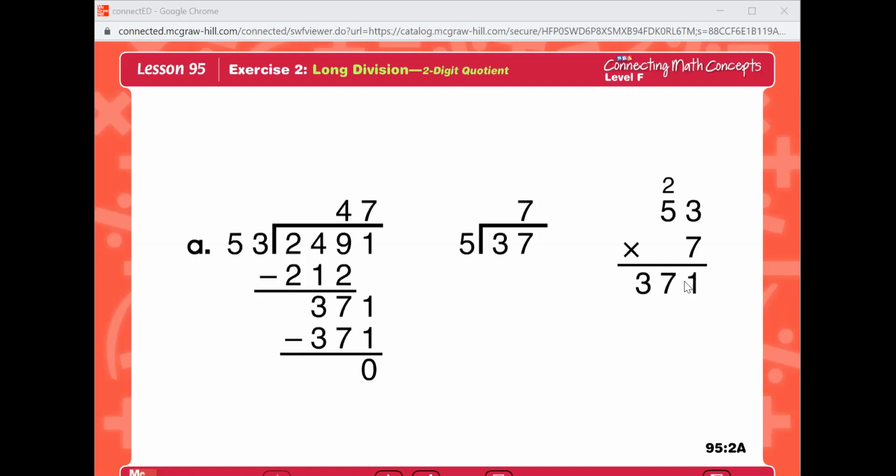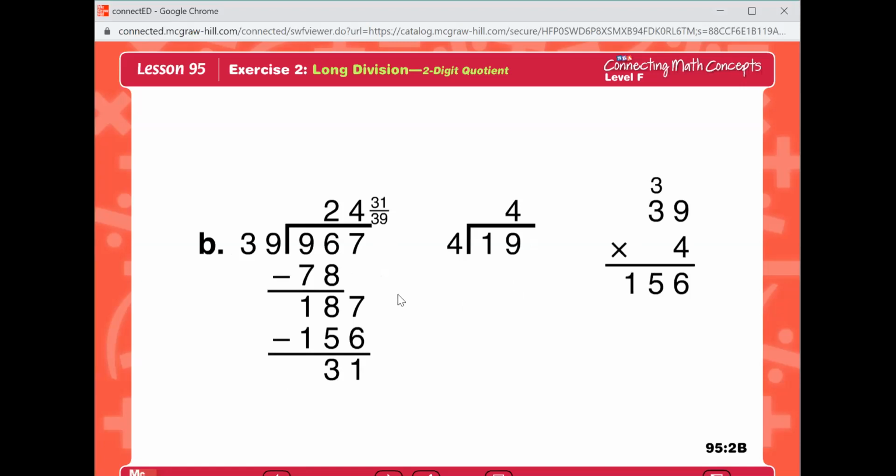So, problem B is read 967 divided by 39. The first thing you do to work the problem is, again, bring down the ones digit, just like we did here. Here's the answer to problem B. Bring down the 7 in the ones place.